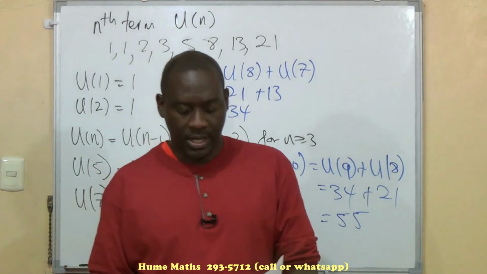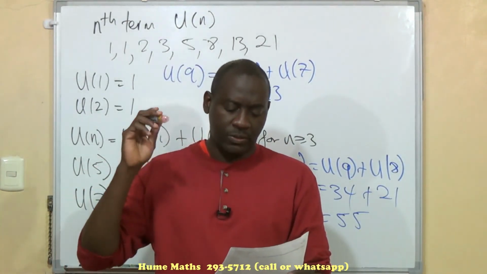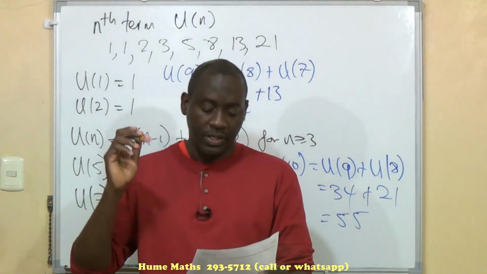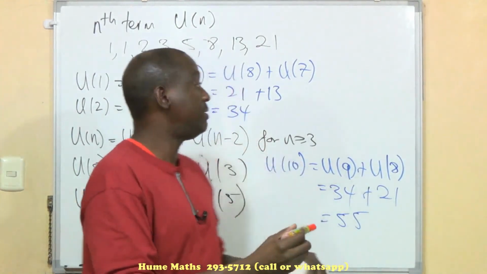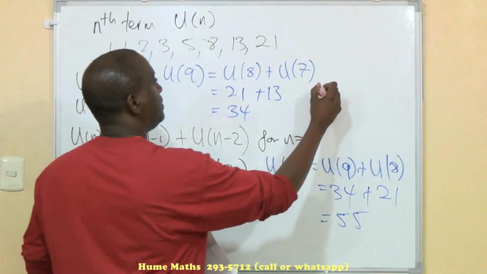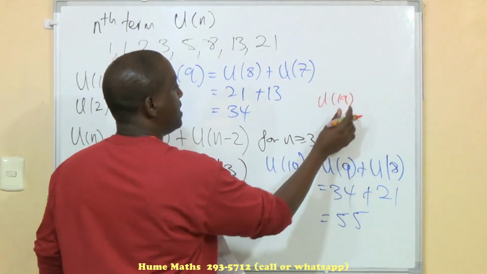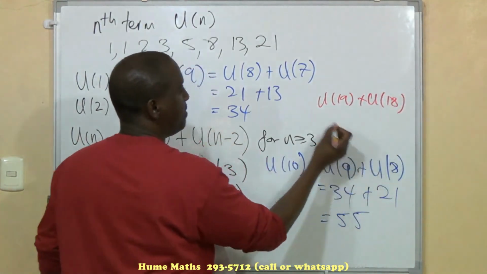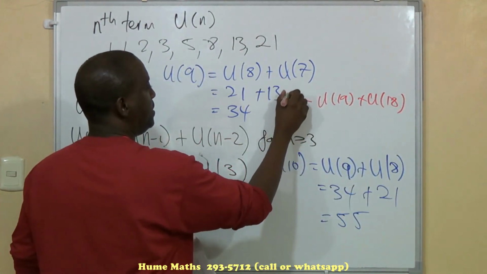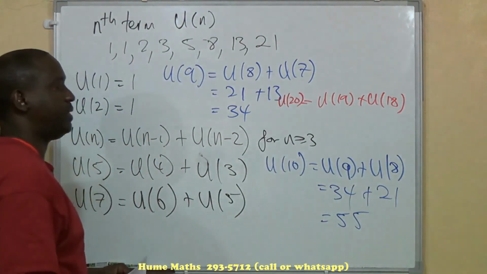All right? So U18 plus U19, U19 plus U18. So if we treat U19 as n minus 1 and U18 as n minus 2, well, that would be equal to U20.